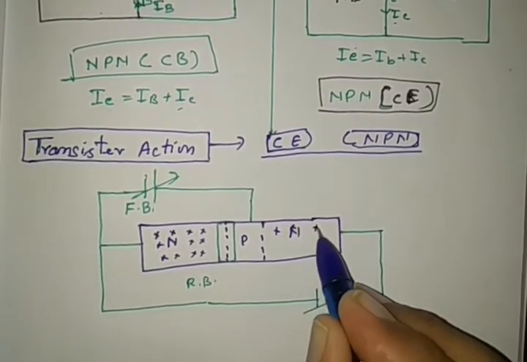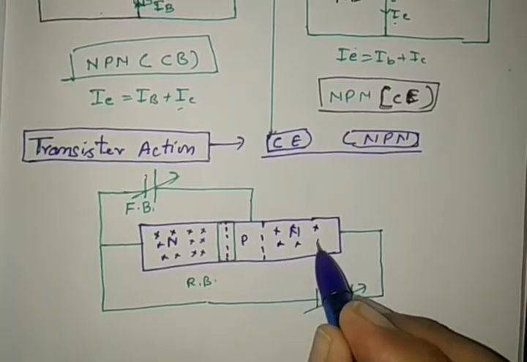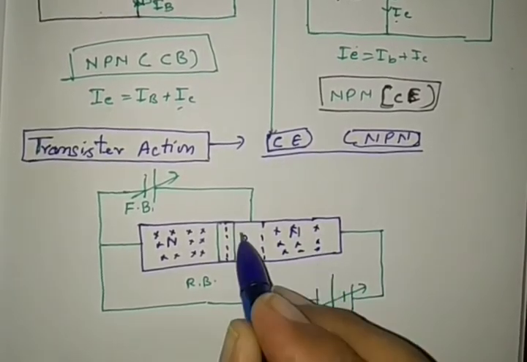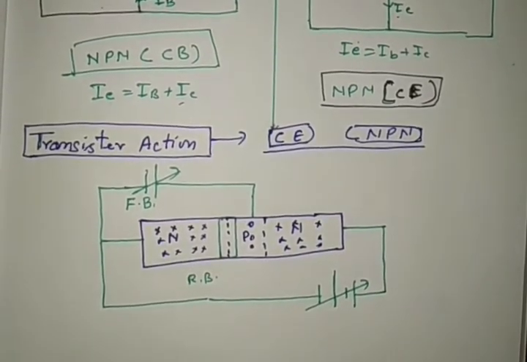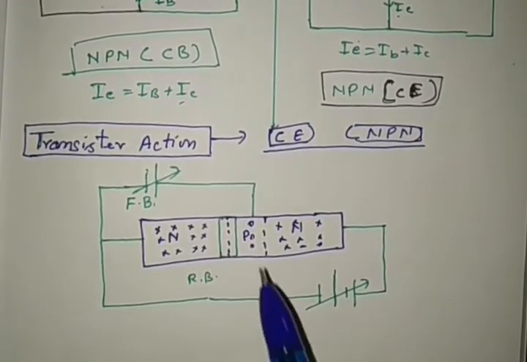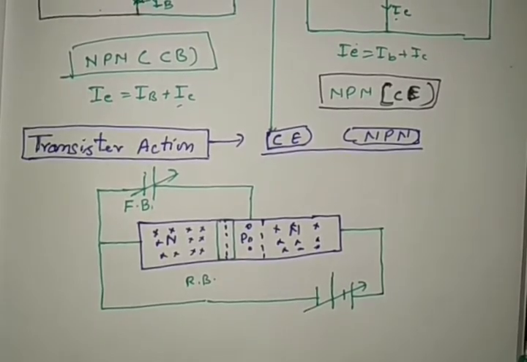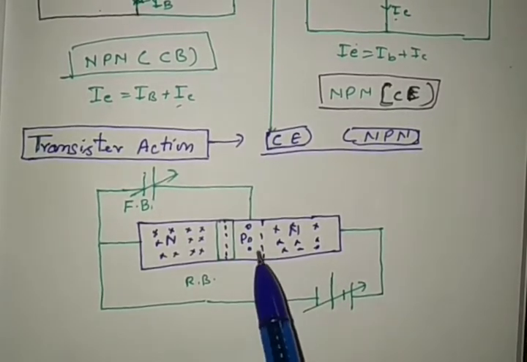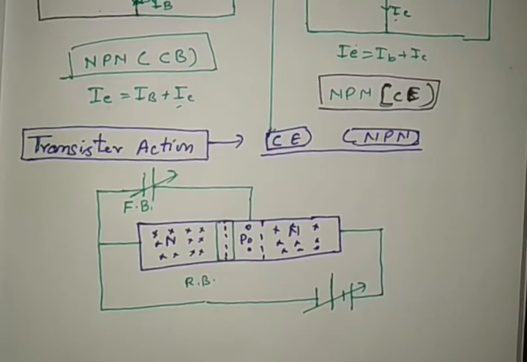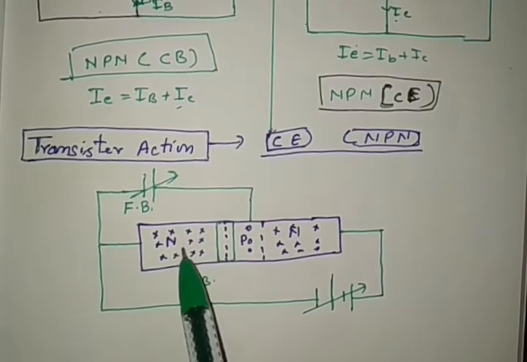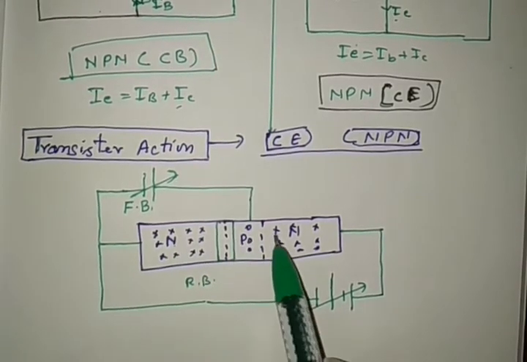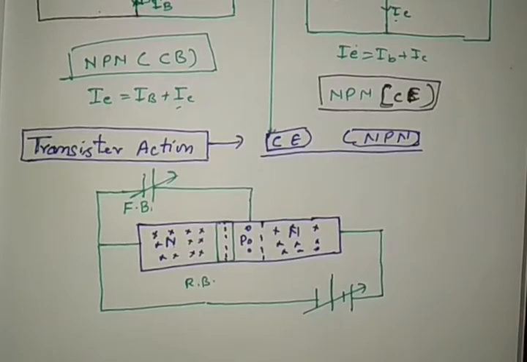Electrons are majority charge carriers, represented here, and holes are majority charge carriers here in the p-type semiconductor. A transistor acts as two p-n junction diodes: NP, PN, two junctions are here.